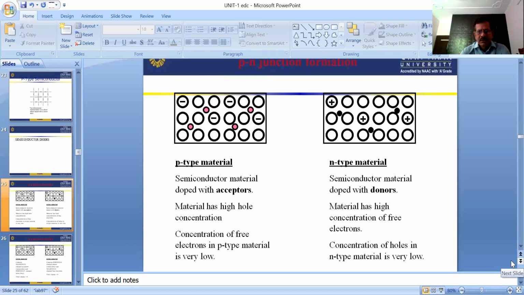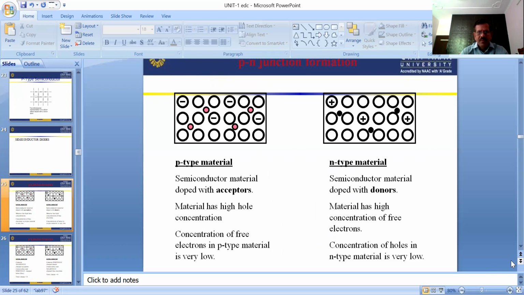Next, now we take the semiconductor device, the p-n junction diode. A p-n junction diode is a simple electronic device that is formed by p-type semiconductor and n-type semiconductor.